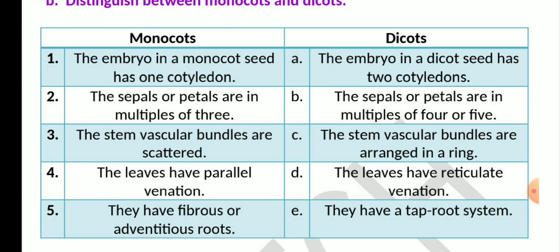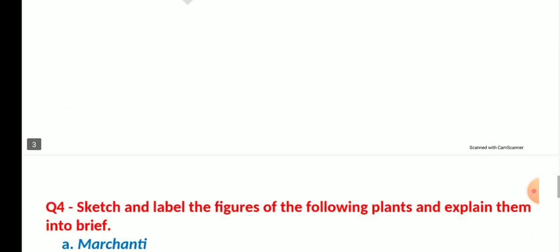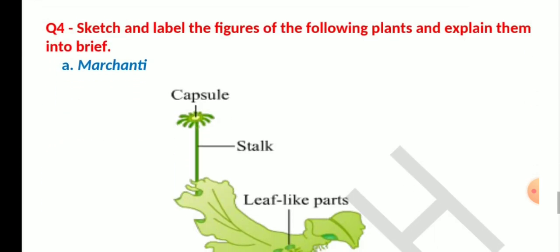The roots in monocot have fibrous or adventitious root, whereas in dicot, they have a tap root system. So these were the differences between a monocot plant and a dicot plant. Understood, children? Very good.